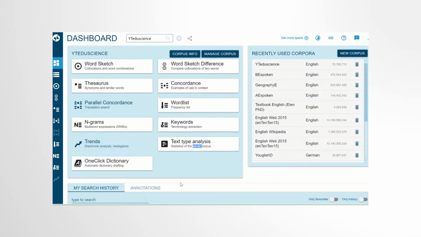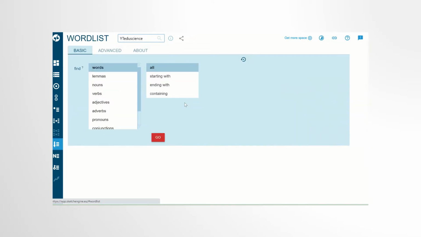And we're already there, so let's explore this corpus a little bit by looking at the most frequent words that occur in this corpus, and this is what word list is all about, creating a list of the most frequent words in a corpus.